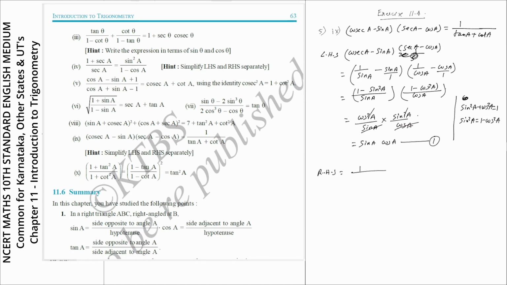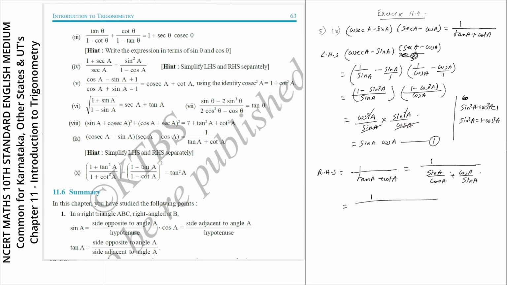Right hand side is 1 by tan A plus cot A. So I'll put tan A as sin A by cos A plus cot A is cos A by sin A. Now take the LCM.